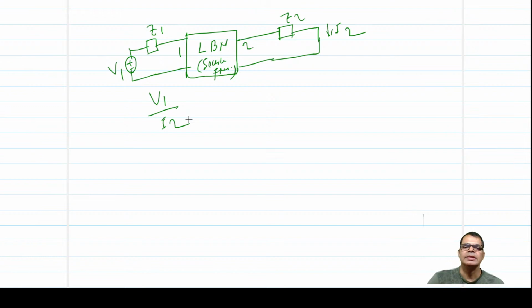Now interchange the response point and the source in the same linear bilateral network. Now the response is I1, because port 1 has Z1.